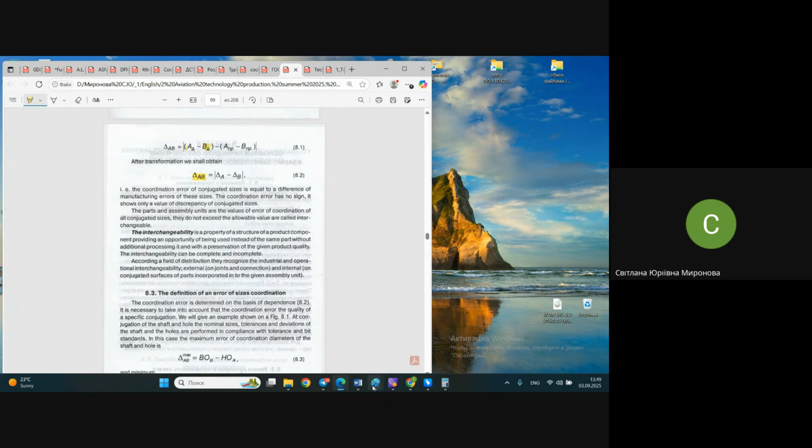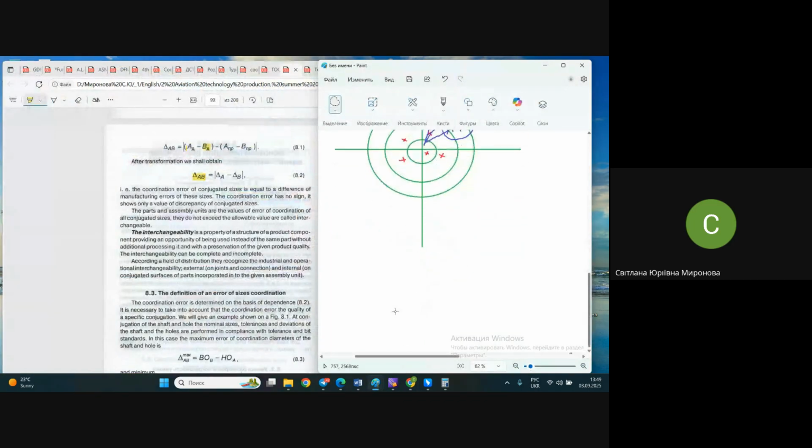Now, let me show you once again. For instance, the error of conjugation; maybe I already explained it in previous classes about this discipline a month ago, so I'm really not sure whether to explain it in detail.